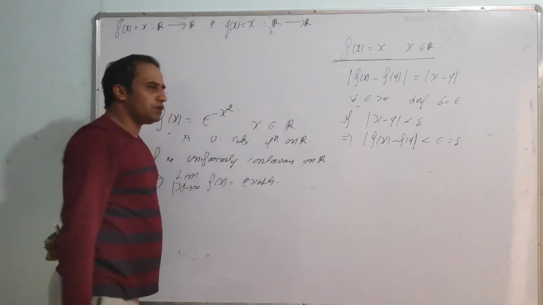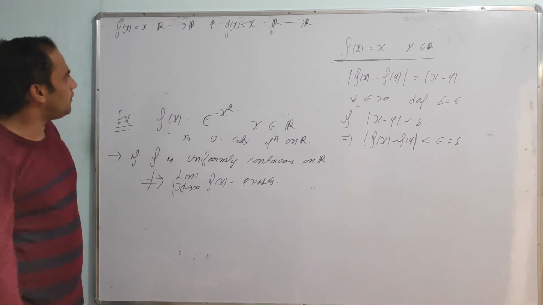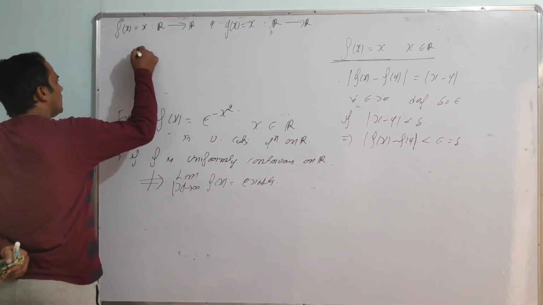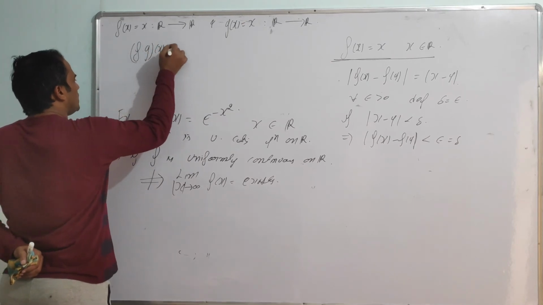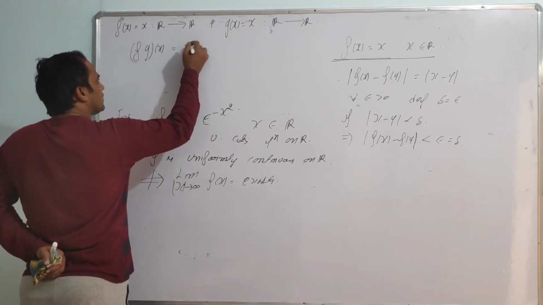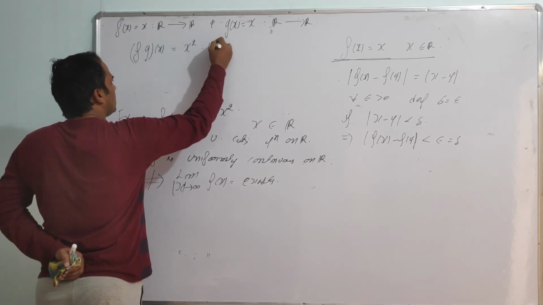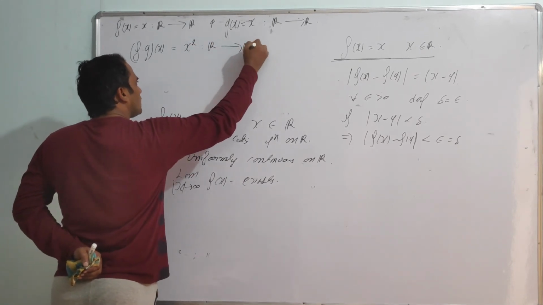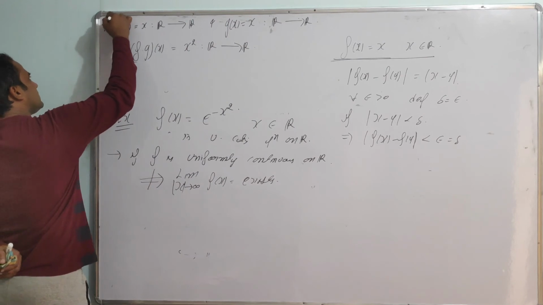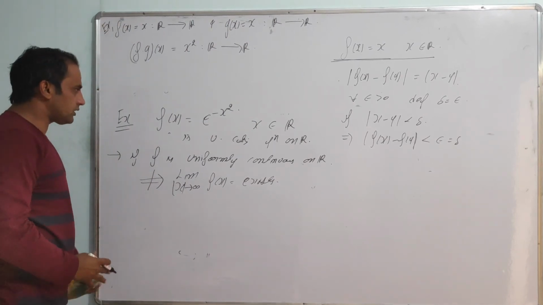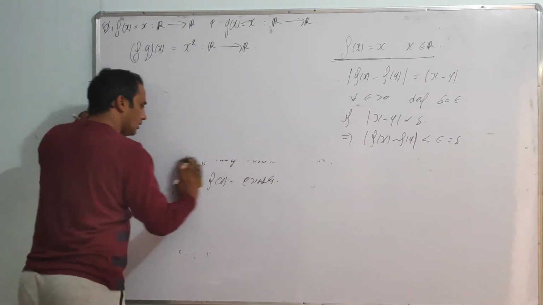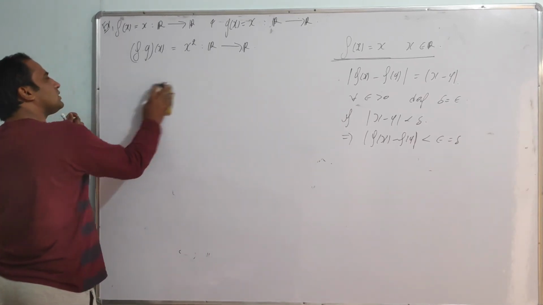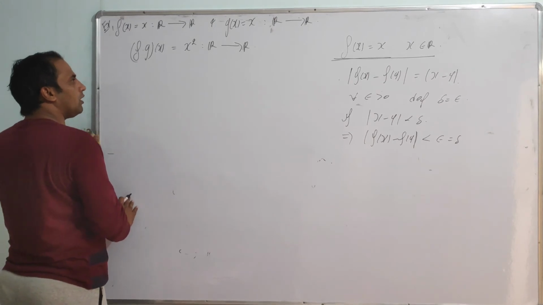So the functions f and g are both defined from the real line to the real line. Now if we take f times g of x, the simple product of these functions, which is equal to x squared, defined from the real line to the real line. So this is a standard example: f(x) equal to x, g(x) also equal to x, and f times g is x squared, which is defined from R to R.